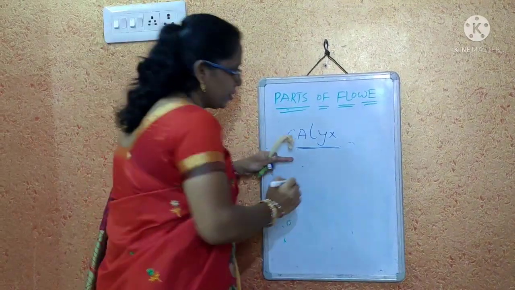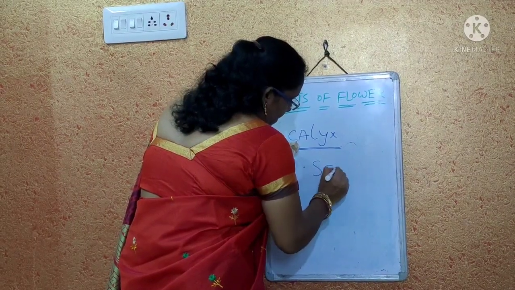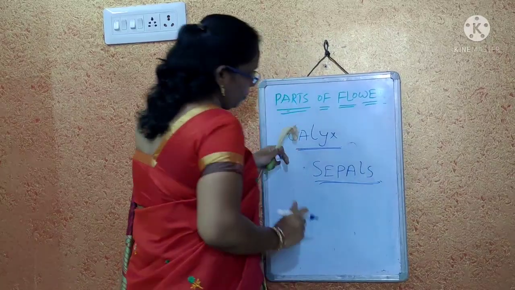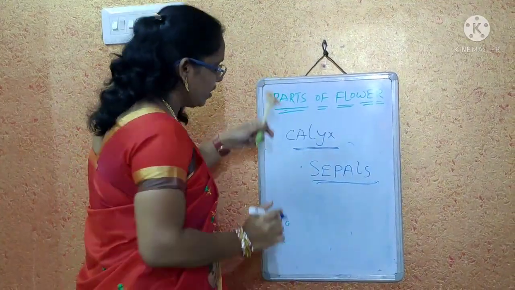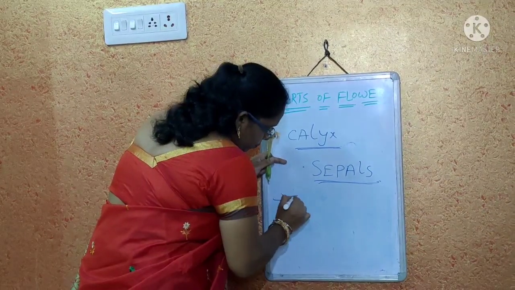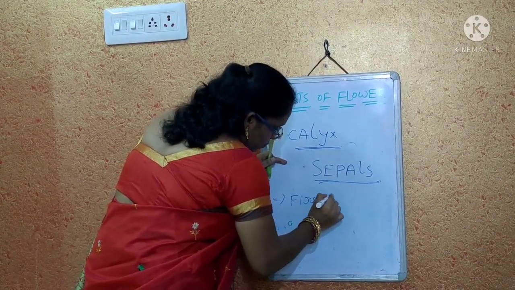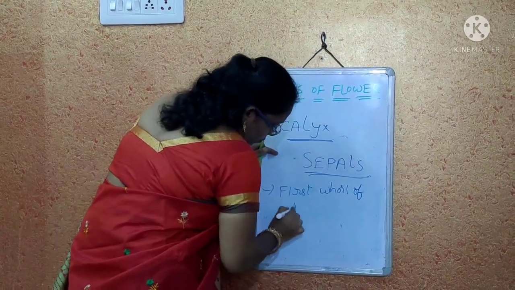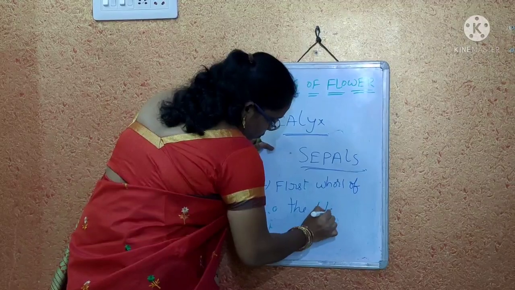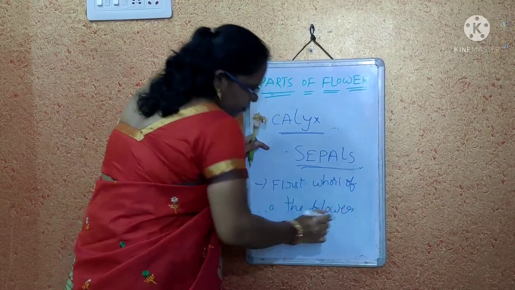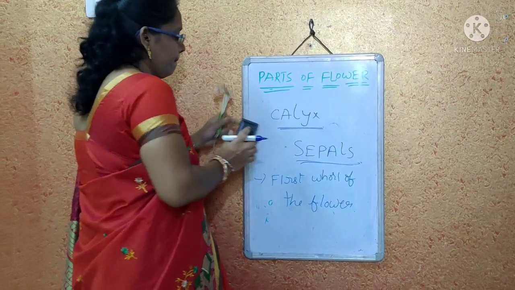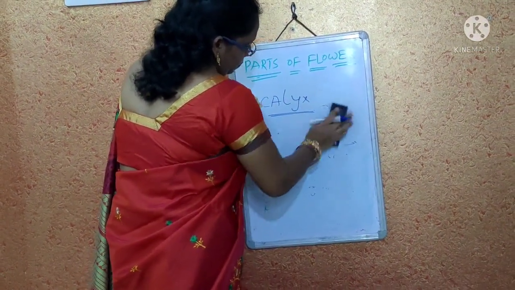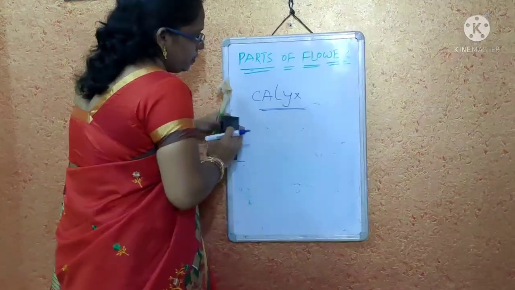Calyx is also known as sepals. It is green in color.